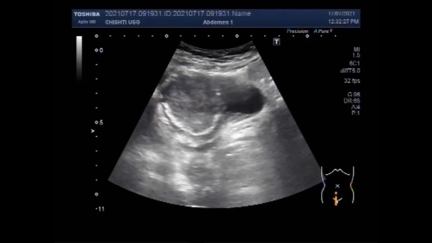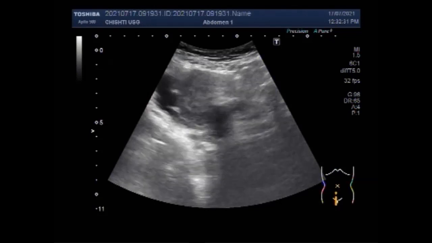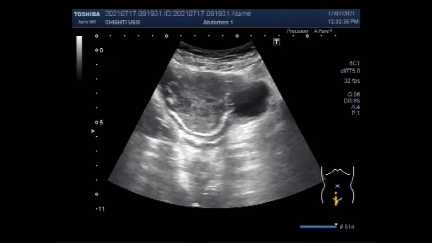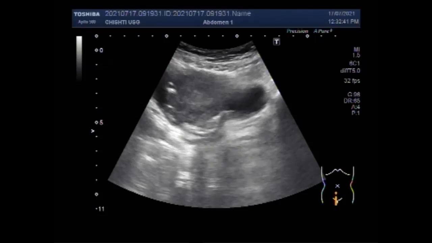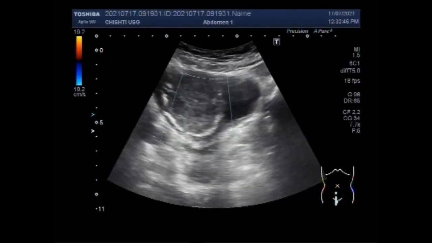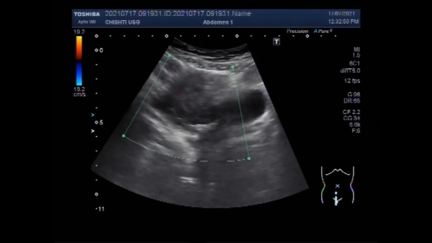The growth is not originating from the left lateral wall. The growth is attached to the roof of the urinary bladder, and this mass measures more than 6 centimeter. You can see the blood flow in the growth.